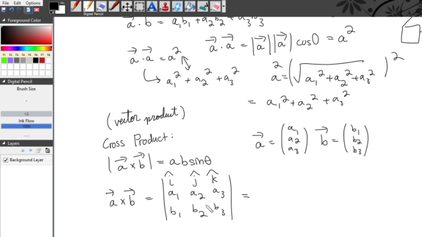If I do that, I get a sub 2 b sub 3 minus a sub 3 b sub 2 times i, plus, or it would be minus, but I'm just going to take the reverse determinant, if that makes sense.